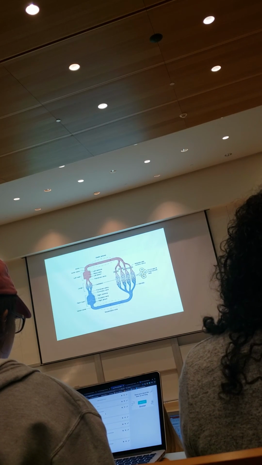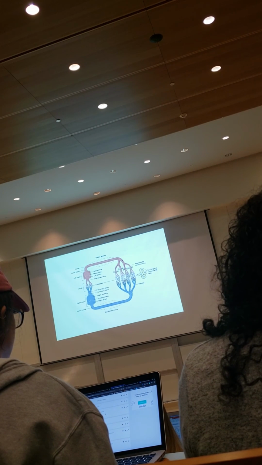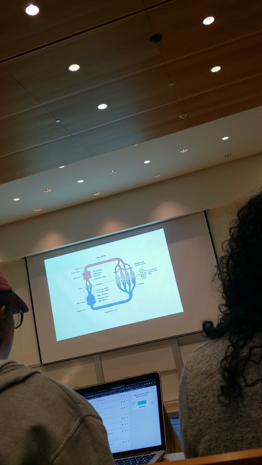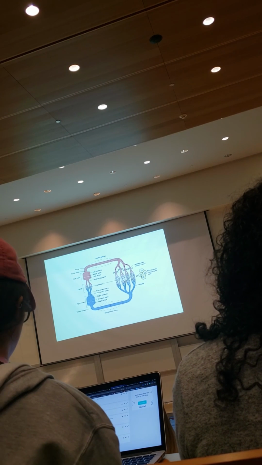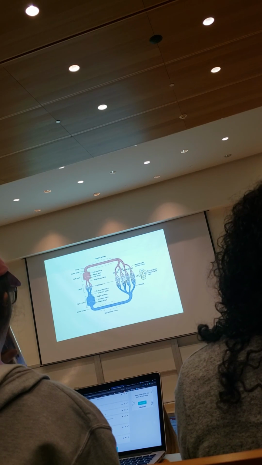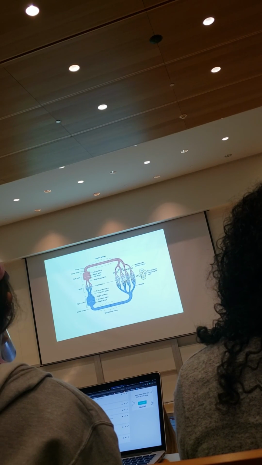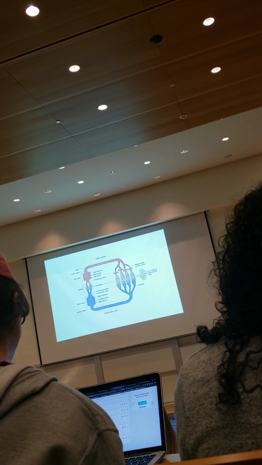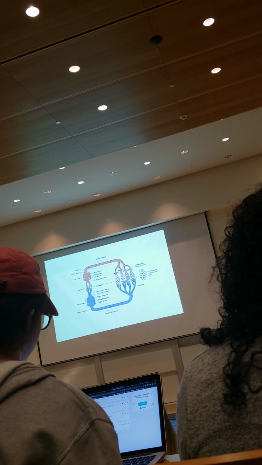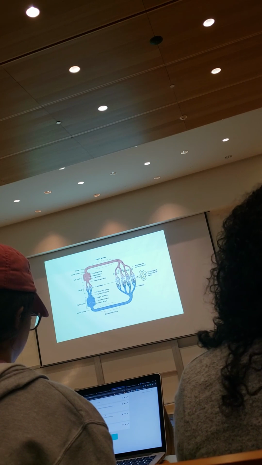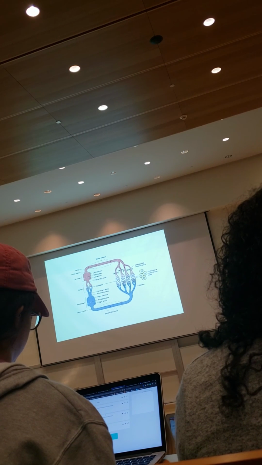In this case, we are looking at the heart, but we split the heart into two parts. The left heart sends blood to the tissues, and the right heart goes to the pulmonary circulation. We have the left heart, of course, the left atrium, and eventually the left ventricle, the muscle. And then you have the aorta and the large arteries.